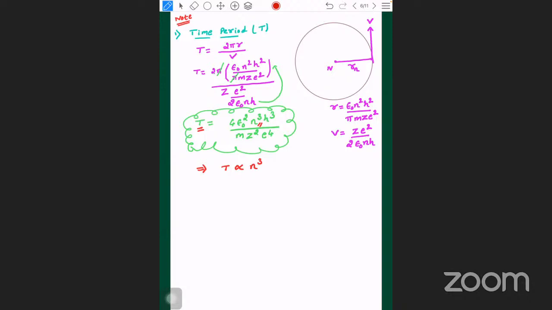This is very important: how the time period and the principal quantum number, that is the orbit number, are related. In competitive exams, they will ask you to find the time ratio by giving the first orbit and the second orbit. If you know the orbit number, you can easily find the time period ratio, because time period is directly proportional to n cube.